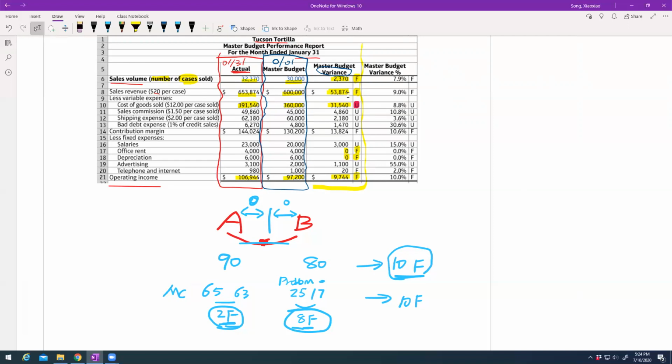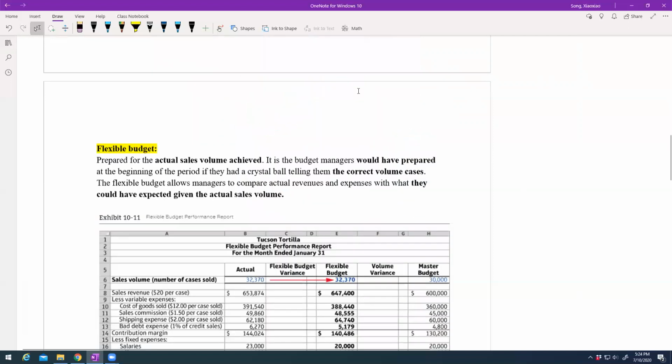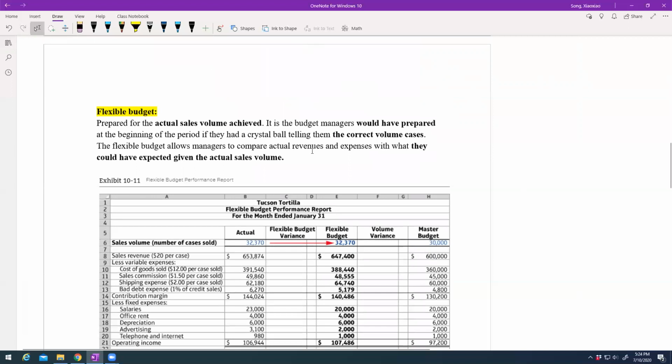So we want to break our master budget variance into two parts. The first one is called the flexible budget variance. The second one is called the volume variance. We focus on the first one first. A flexible budget is prepared for the actual sales volume achieved.